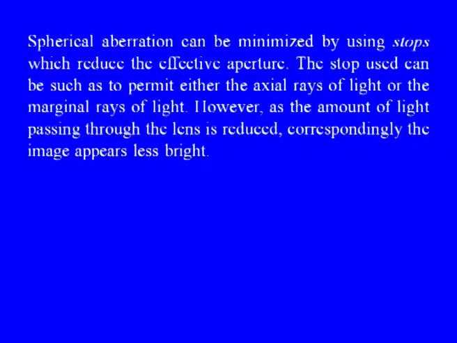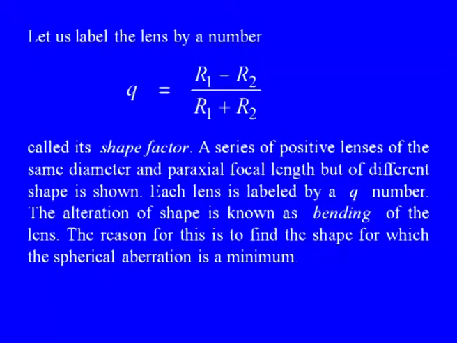The stop used can be such as to permit either the axial rays of light or the marginal rays of light, not both. However, as the amount of light passing through the lens gets reduced, correspondingly the image appears less bright.